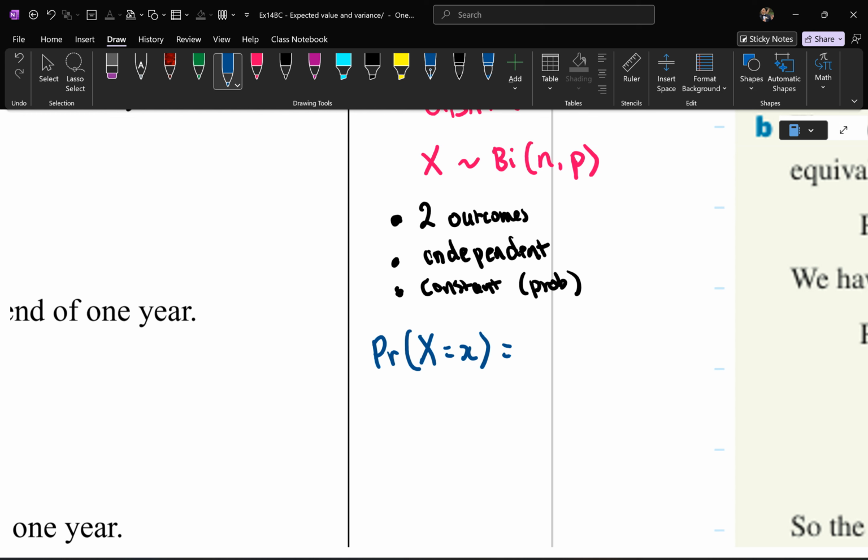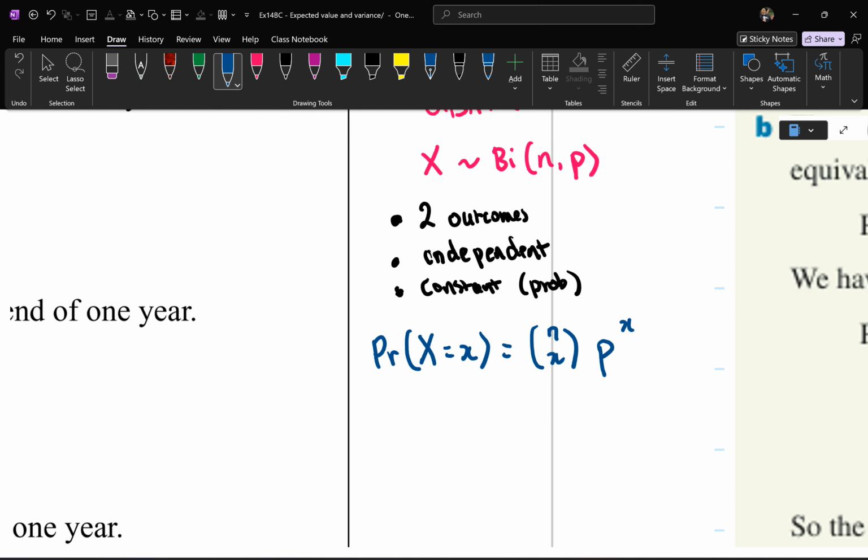It's n choose x. Good, stop there. That's a hint. What's the next bit? Yes, it is something to the power of x. What are we missing? What goes there? Probability of success. It's always what you're looking for.